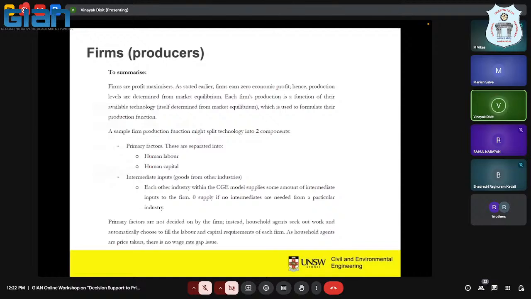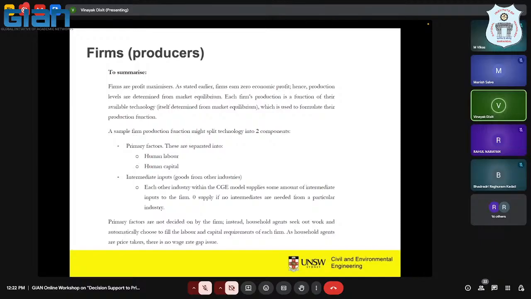So to summarize, firms are profit maximizers, as stated earlier. Firms earn zero economic profit in an equilibrium because supply is equal to demand. There is no concept of profit; they are using up everything. Hence, production levels are determined from market equilibrium.